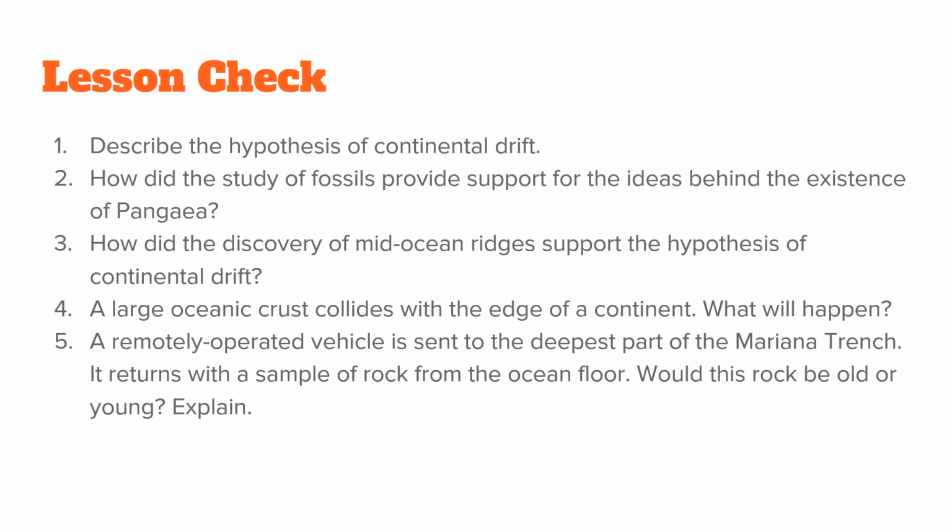Number 2, how did the study of fossils provide support for the ideas behind the existence of Pangaea? Finding the same types of fossils on different continents, especially fossils of organisms that couldn't swim across oceans, suggested that the separate continents had once been together. Fossils of tropical plant species in polar areas also suggested that the continents had moved from the equator to the poles.